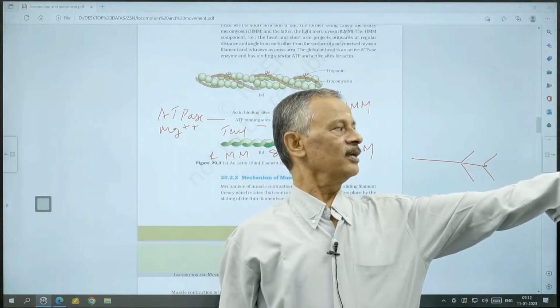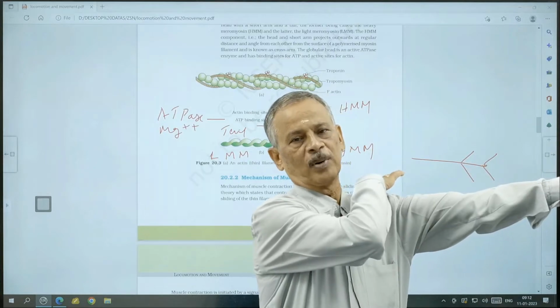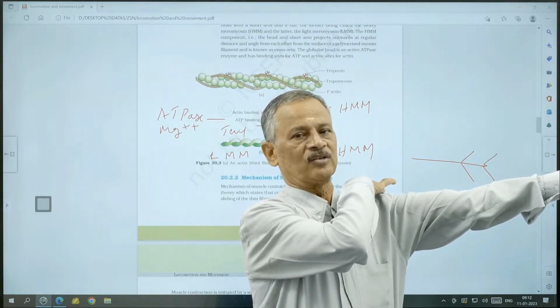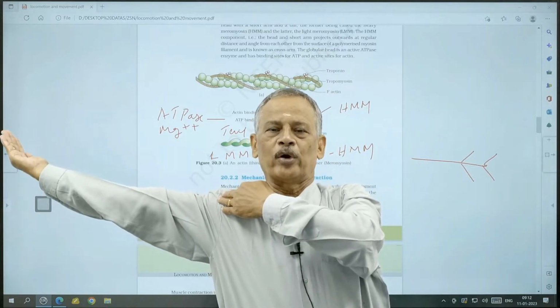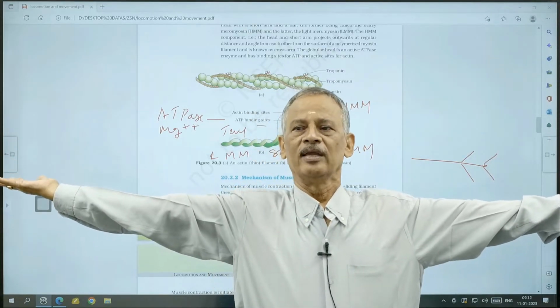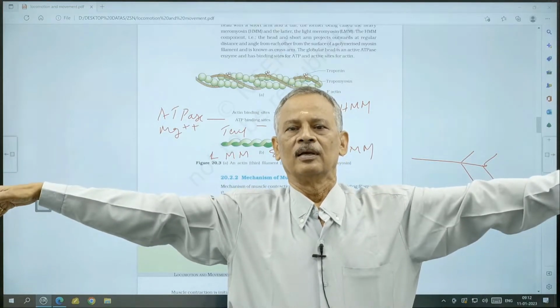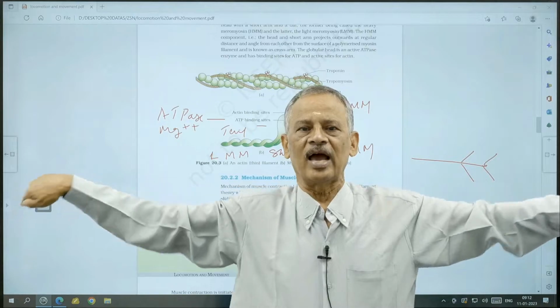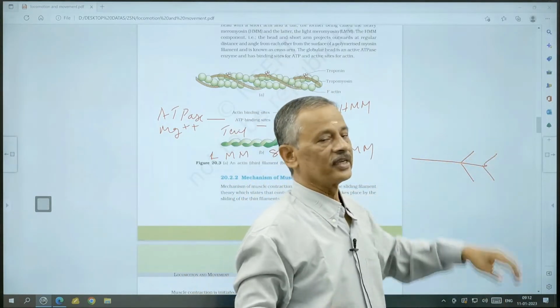In this side, the head is like this, and this is the thickness of the fiber, which is made up of the tail filaments. Here, it is like this. It is oriented in this way. Okay, so the head will be projecting like this in different angles at different lengths. Okay, so you are having these heads.